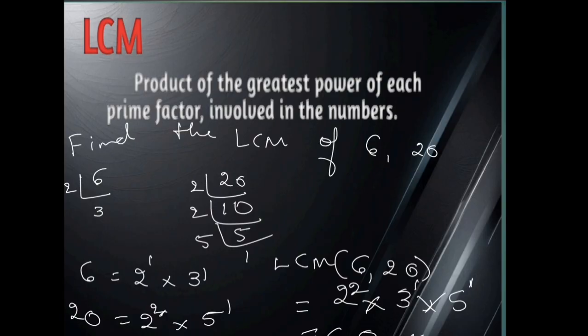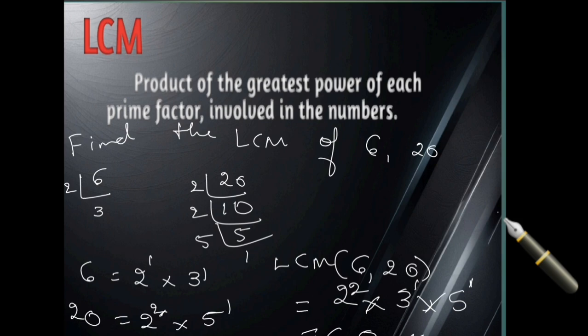So if we want to find the value of LCM, firstly we have to factorize the numbers and we get the prime factors. Then we have to write each prime factor of both the numbers.